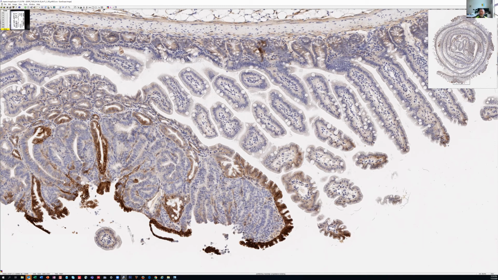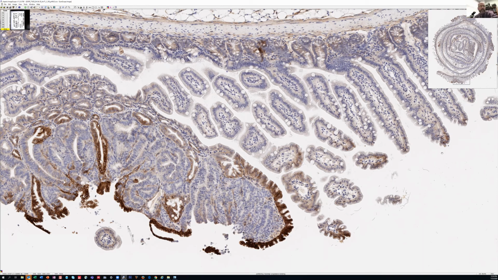I'm actually seeing a hint in the tips of your villi that are over to the right. Yeah. And I would surmise usually those cells are kind of terminally differentiated on their way out. So I don't know. It's a funny pattern for sure. I haven't seen it, but I'm intrigued.